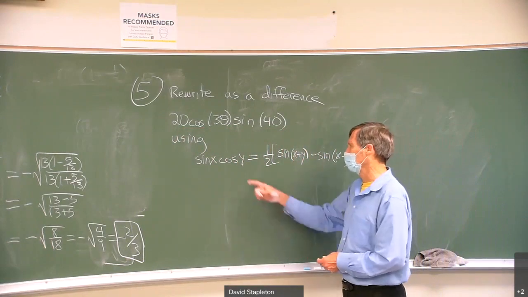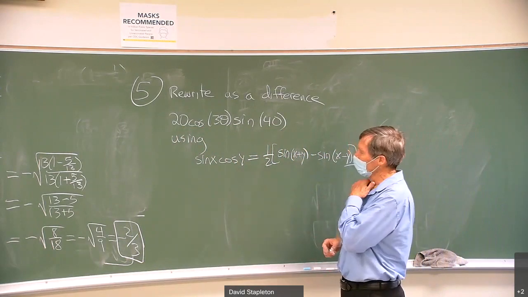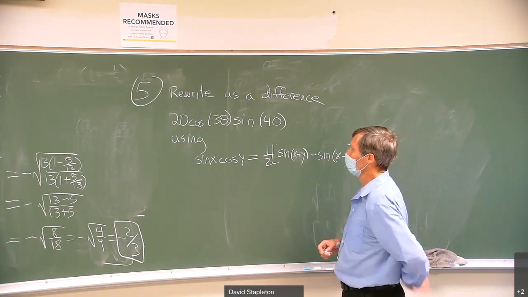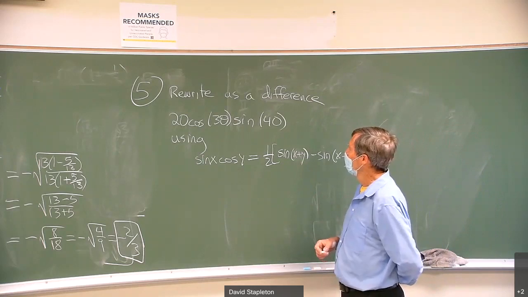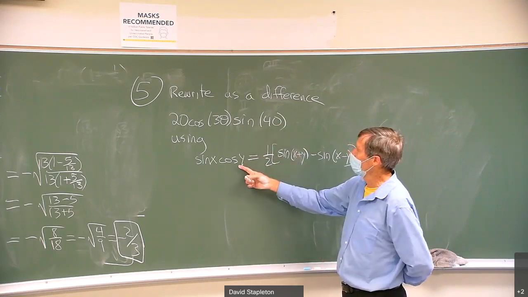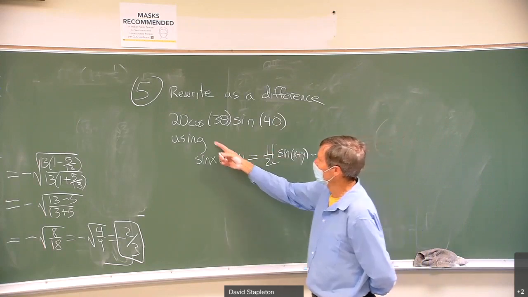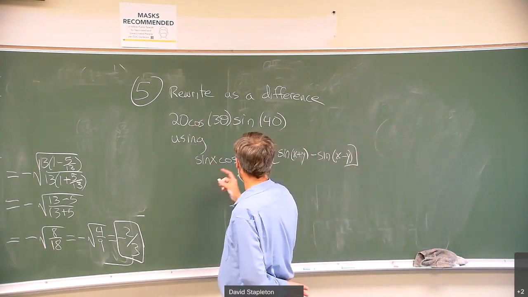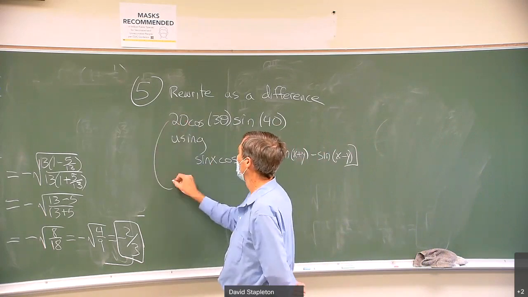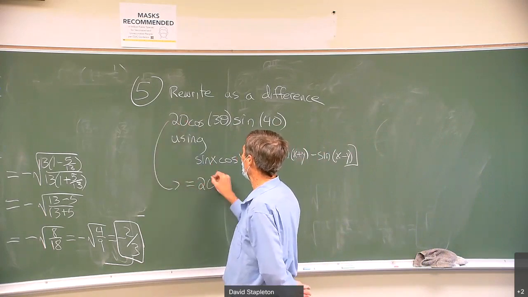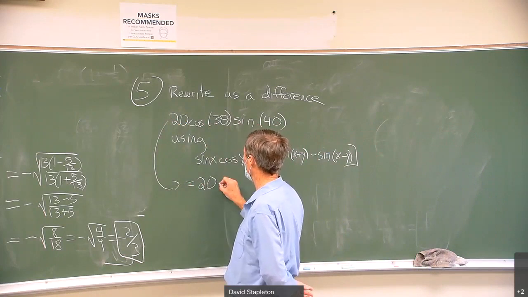This being a product to sum formula, I give you the formula. Well, you say, how can I make this look like this? What I can do is factor the 20 out and multiply these two functions in the other order.